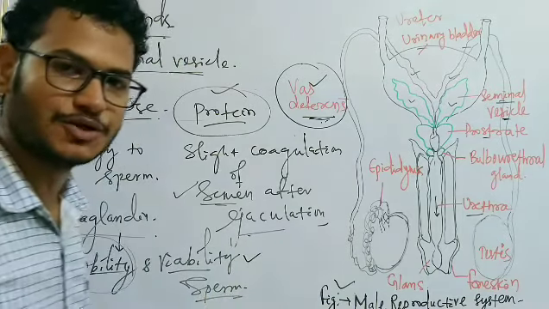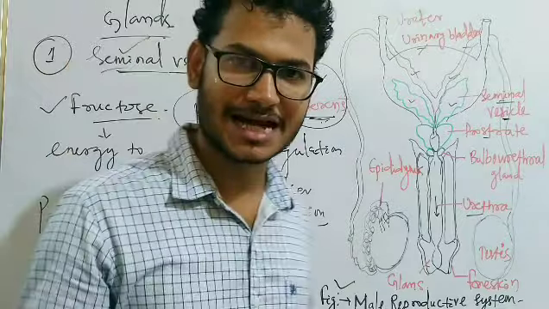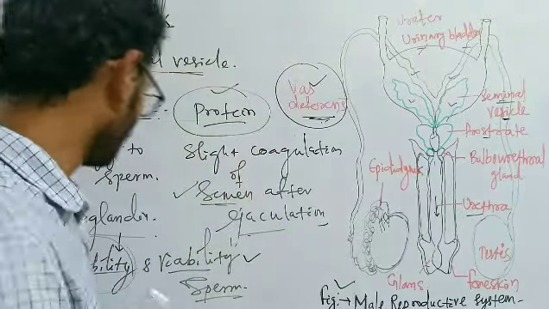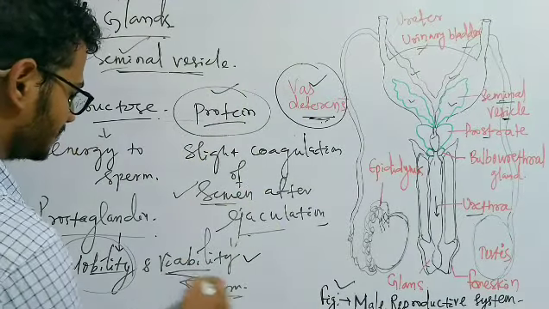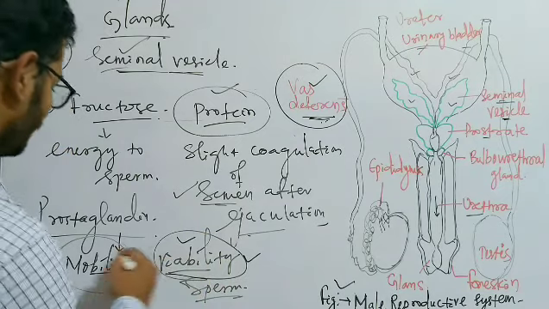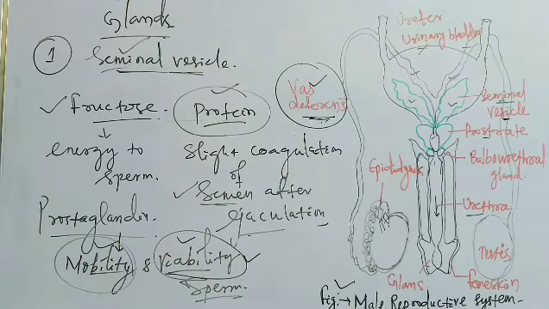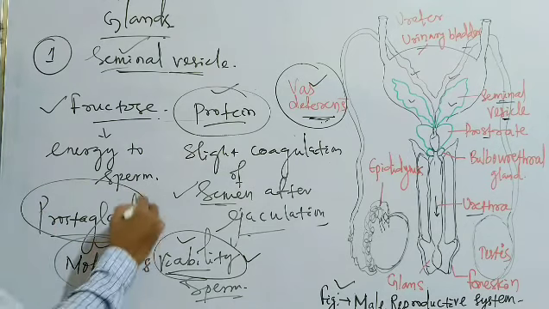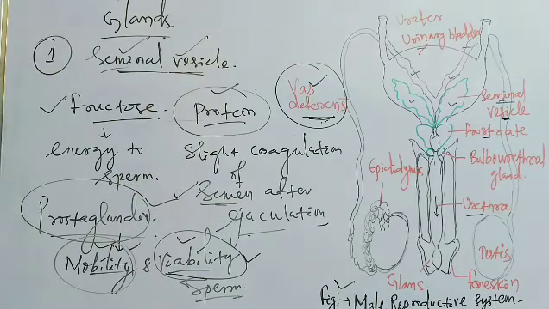Viable means the ability to fertilize the ovum to produce the zygote. For successful fertilization to occur, the sperm needs to be viable. So viability and motility are provided by the prostaglandin secreted by the seminal vesicle.